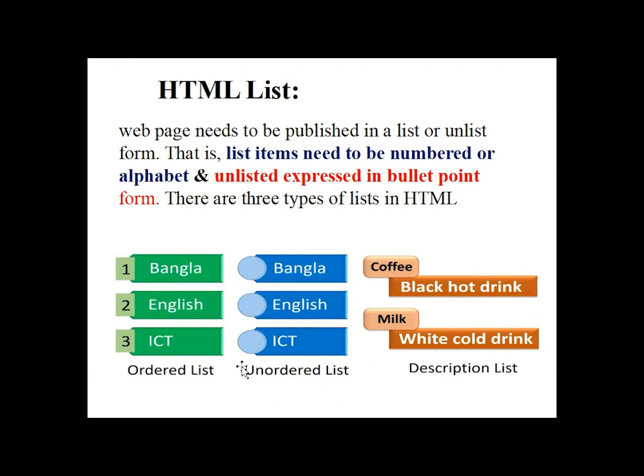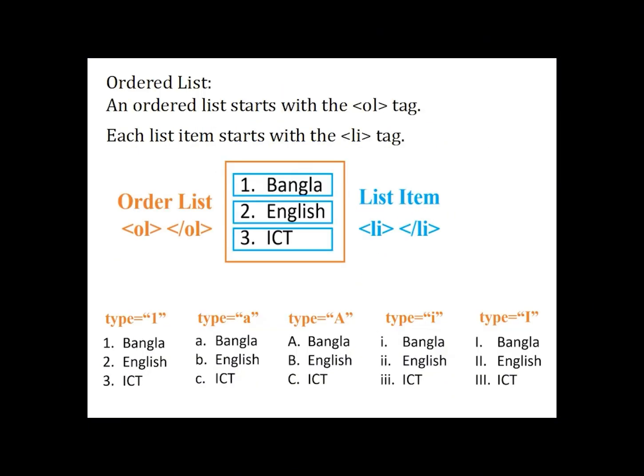So this expression is an unordered list, and on the right one, the coffee, the description of the coffee: black hot drink, milk: white cold drink. This is the description of coffee and description of milk. So we could use these three list possibilities in HTML.